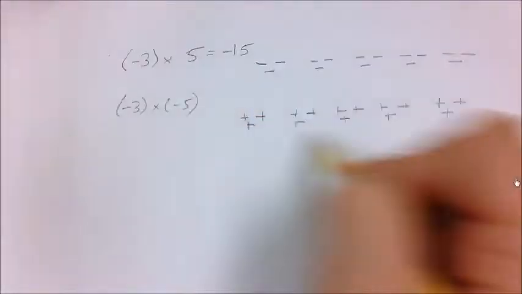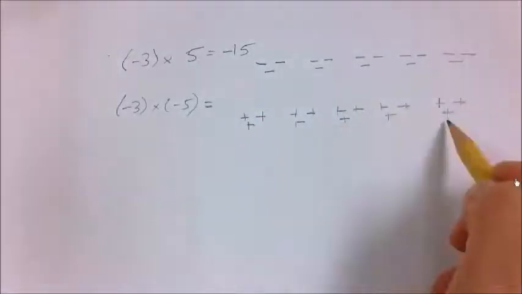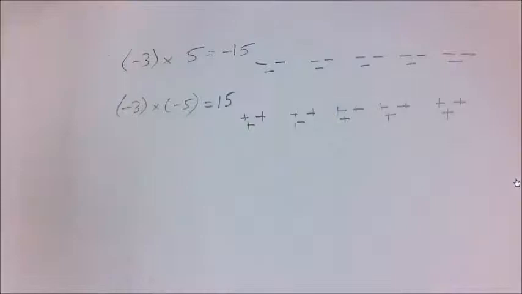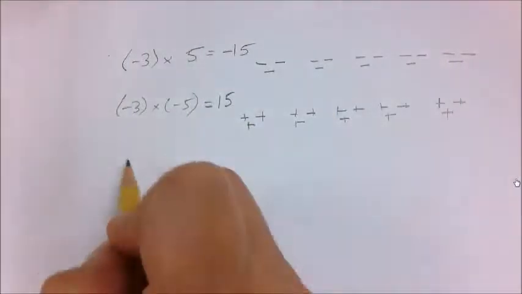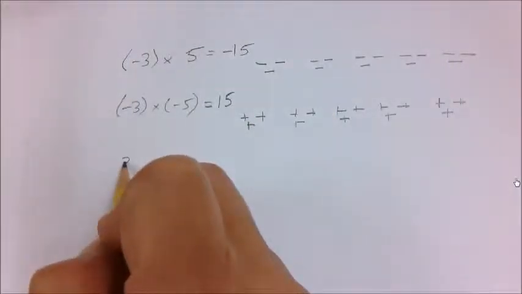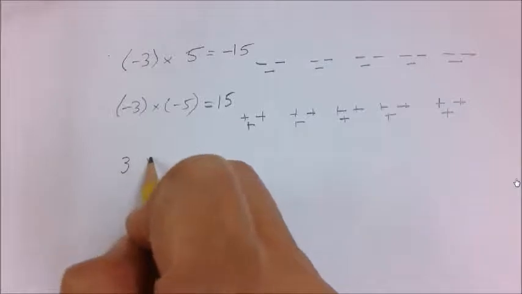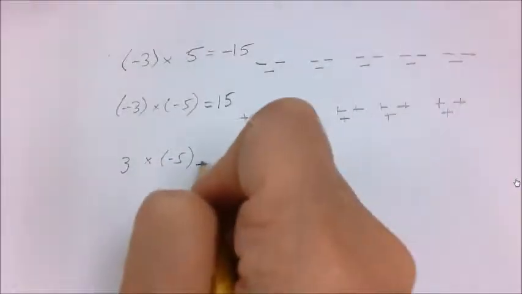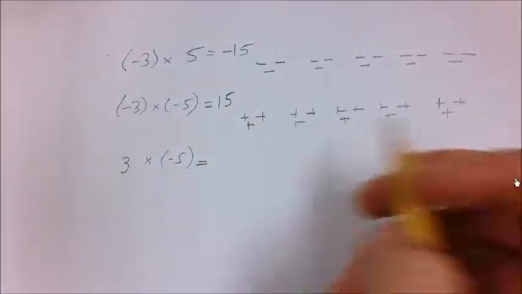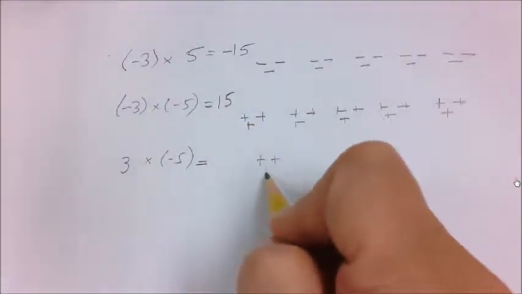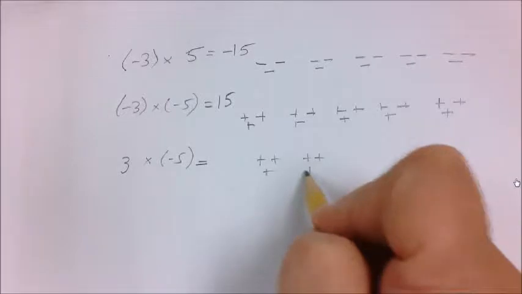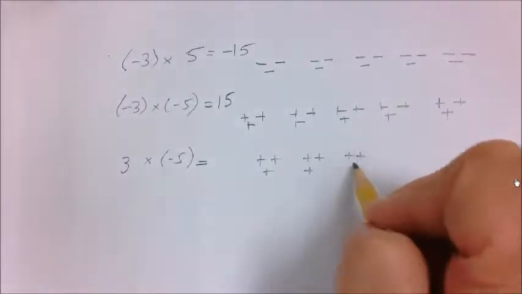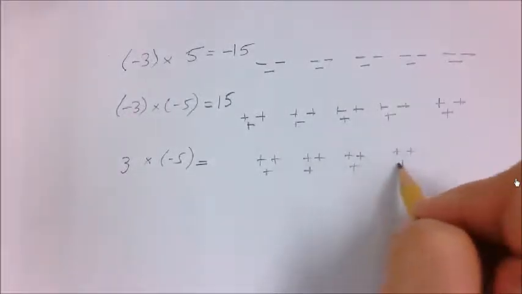Now what you end up with is 15 pluses, so it's +15. Same thing the other way: +3 times -5 is going to be a whole bunch of positives, groups of 3 positives.